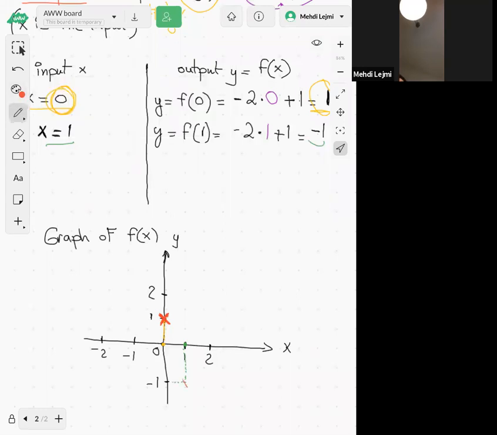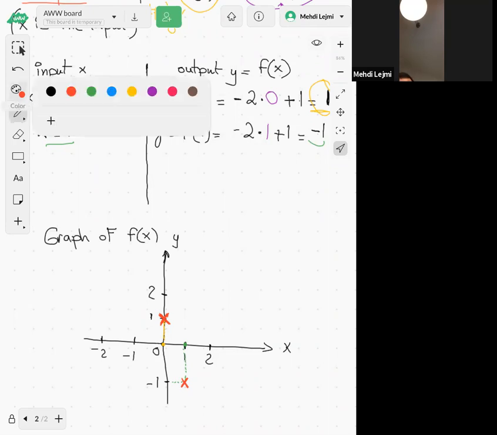So here's my second point. Again, x is 1, so you start from 1, and the output is -1, so you draw your vertical line and go to the level where y is -1.